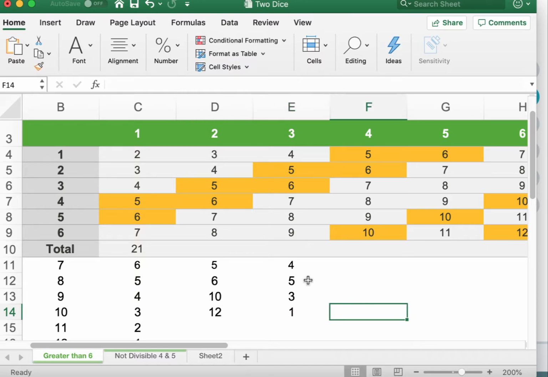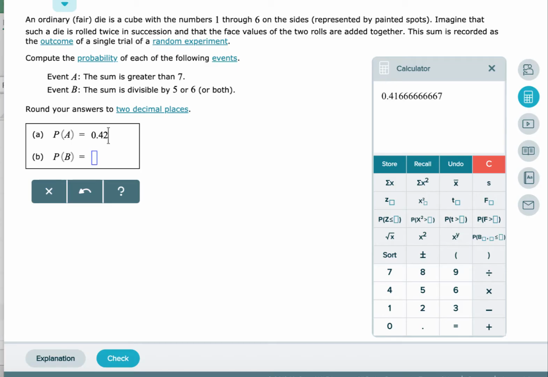And so when we add those together, 4 plus 5 is 9, plus 3 is 12, plus 1 is 13. So we're going to have 13 out of the 36 values that are divisible by 5 or 6 or both. So I'll hit the undo button and change that 15 to 13, and we have 0.36.